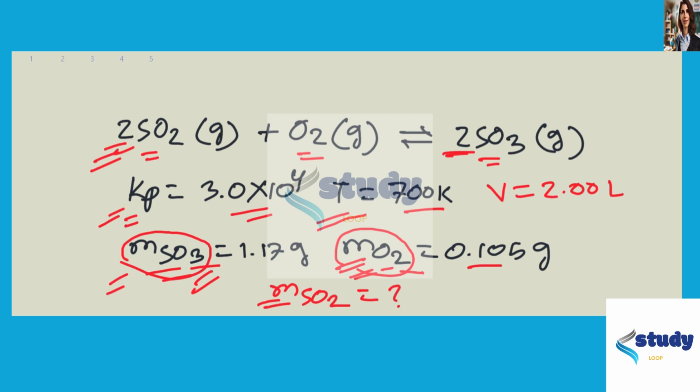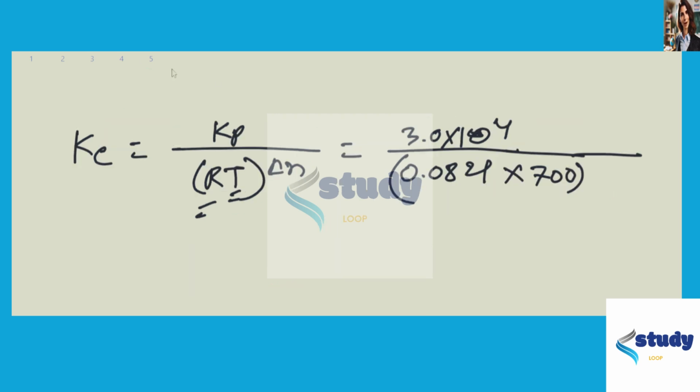So it is 2 minus 2 plus 1, that means 2 minus 3. The value of del N is 2 minus 3, that means it is minus 1. So we'll have to put minus 1 as a power, and from here we can find out the value of Kc, which is 1.72 times 10 to the power 6. So this is our value of Kc.